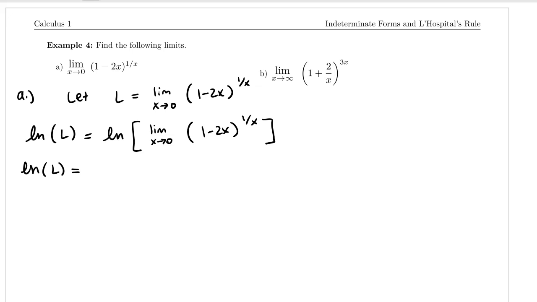and we saw a theorem earlier on in the class that allows us to swap the limit and the natural log. So now I have the limit as x approaches 0 of the natural log of (1 minus 2x) to the power of 1 over x.